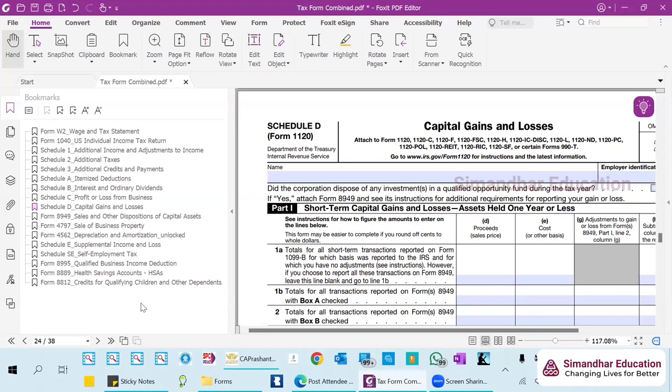Okay, so this is what I want you to do. If you have noted it down or if you're still noting it down, you see, we have form 1040.